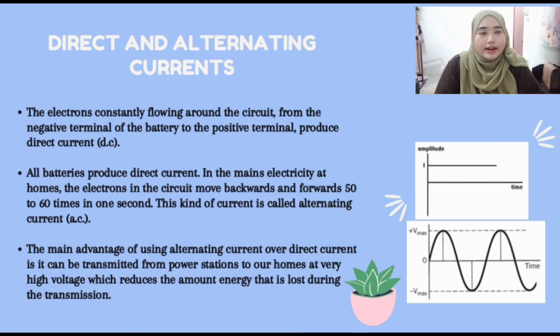This kind of current is called alternating current. The main advantage of using alternating current over direct current is that it can be transmitted from the power station to our homes at very high voltage, which reduces the amount of energy that is lost during the transmission.